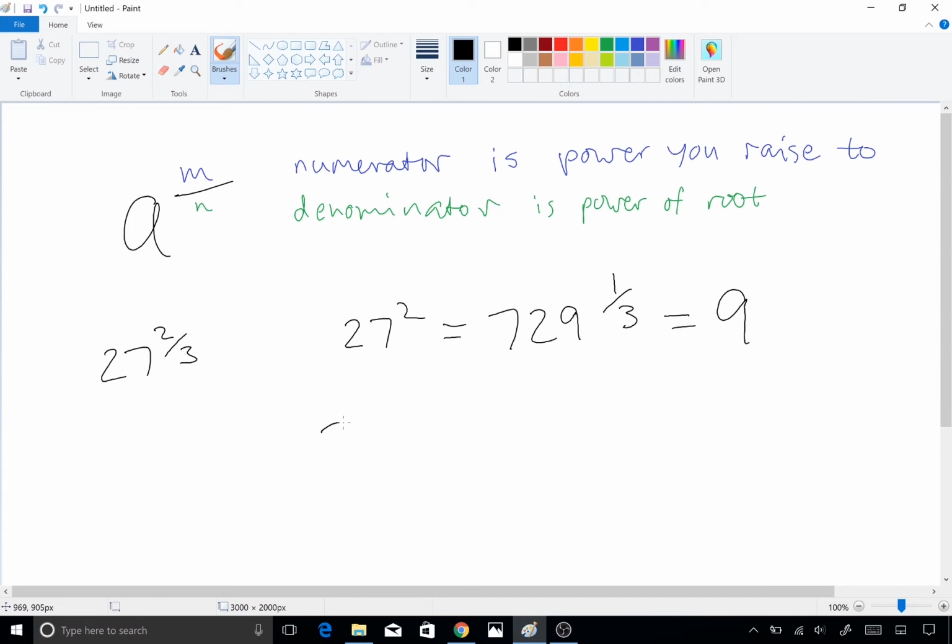Or I could take 27 to the 1/3, which is 3, and square that, and that will also give me 9. Like I said, the order here doesn't matter.